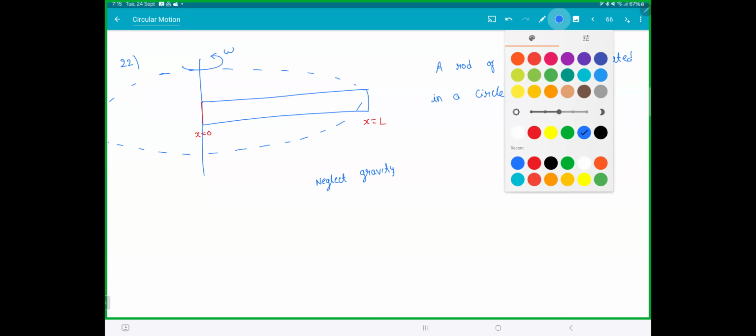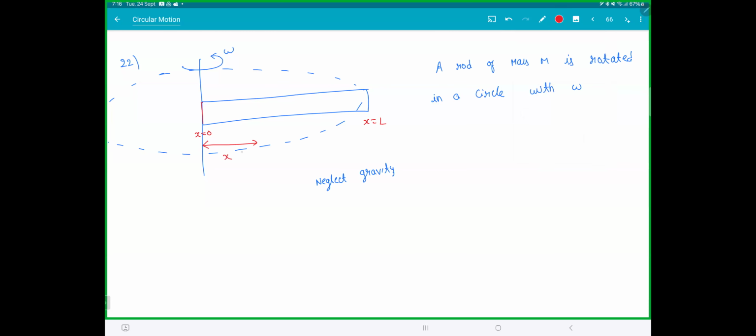So at a distance x from the center, find the tension at a distance x, at a distance x from the axis. It's a good one.